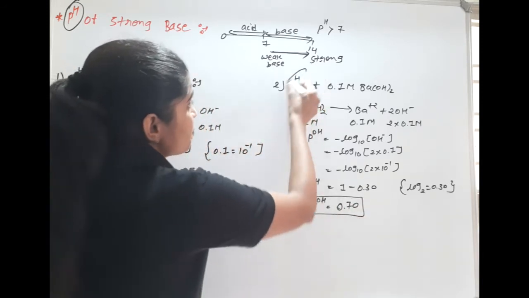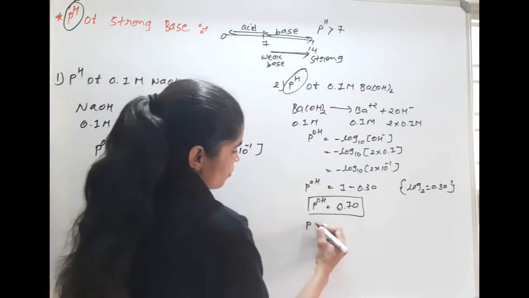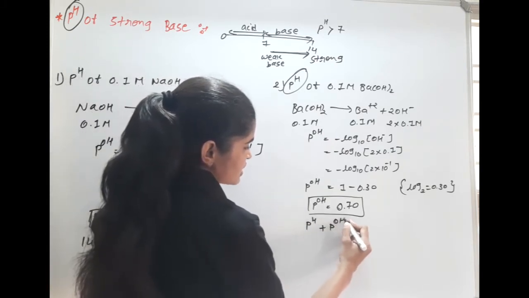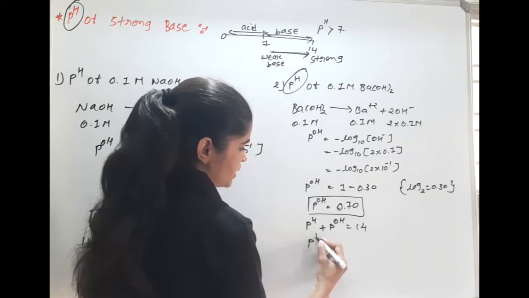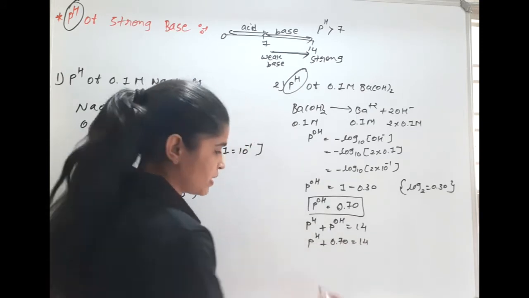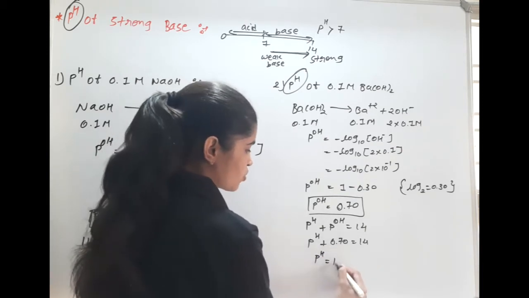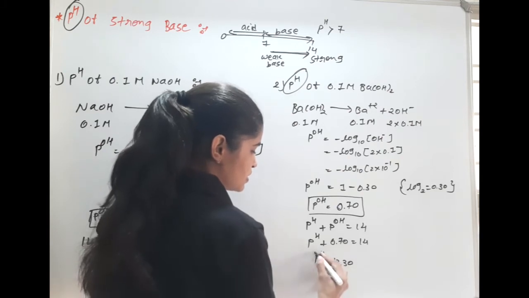Next, find the pH of 0.1 molar Ba(OH)2. pH plus pOH is equal to 14, so pH plus 0.70 is equal to 14, and pH is equal to 14 minus 0.70, which is 13.30.